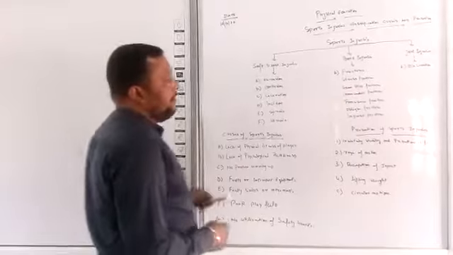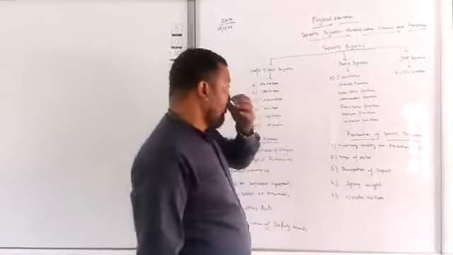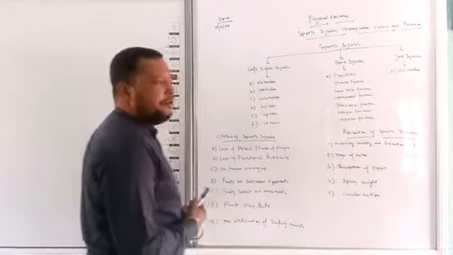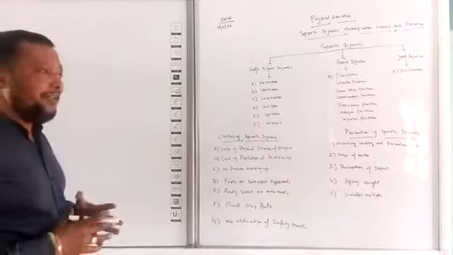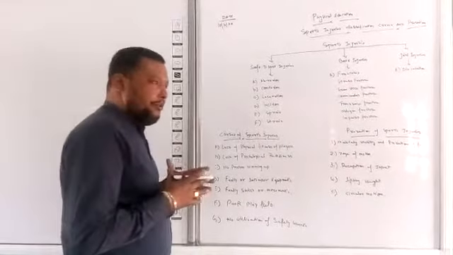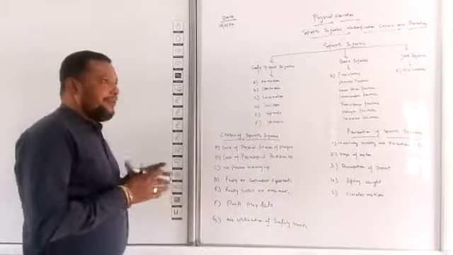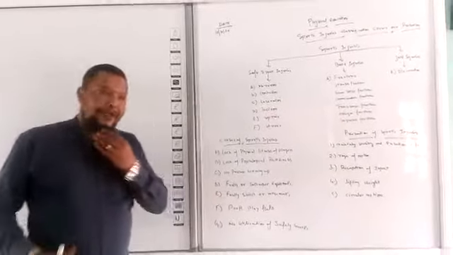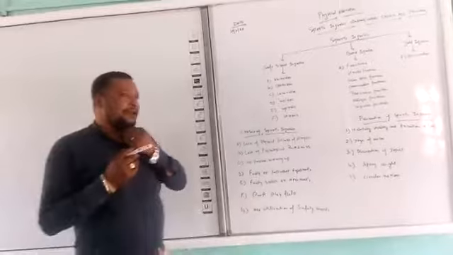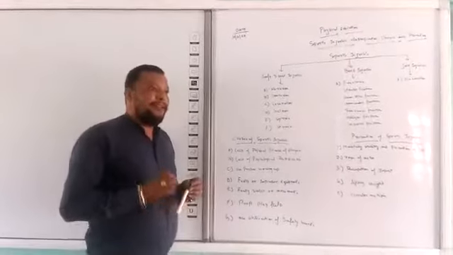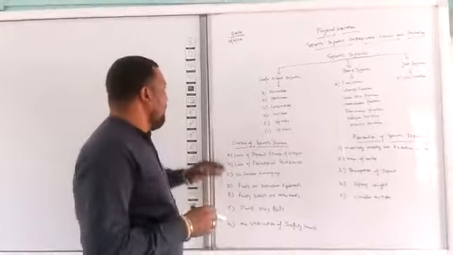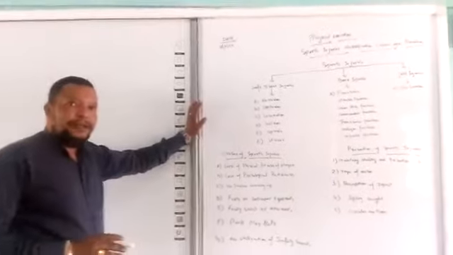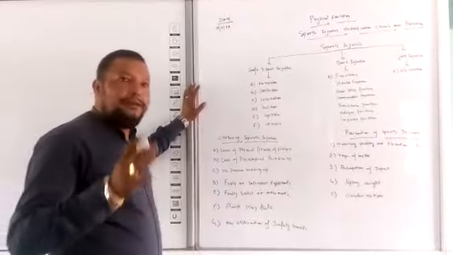Before starting this particular topic, I just want to give a brief note regarding sports injuries. Sports injuries are one part, and simple medical injuries are another part. Injury can happen to anyone, anywhere, or at any place.